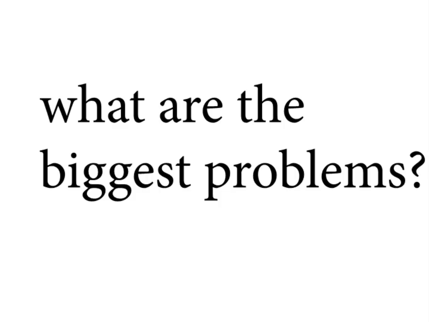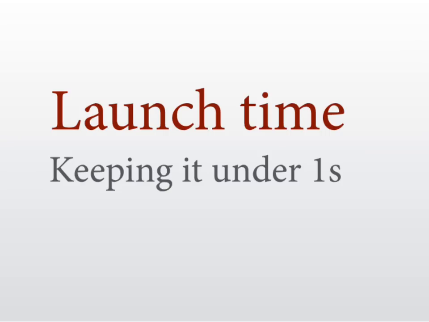The biggest problems are usually in some small parts. The first is launch time. Because of this flow of thoughts, when the user is opening the app, we should show something on the screen in less than 1 second.